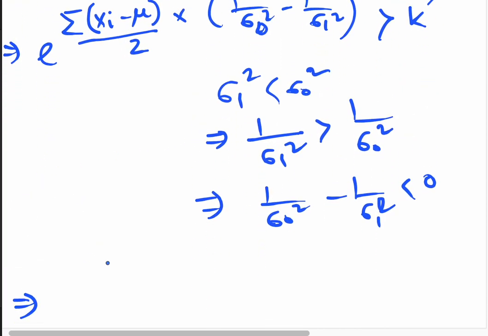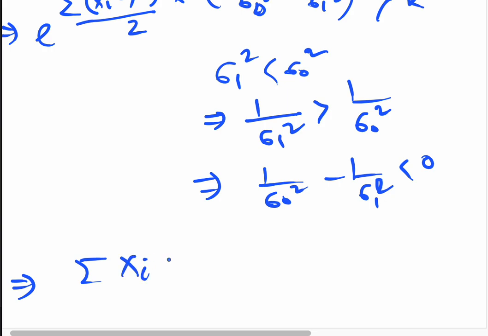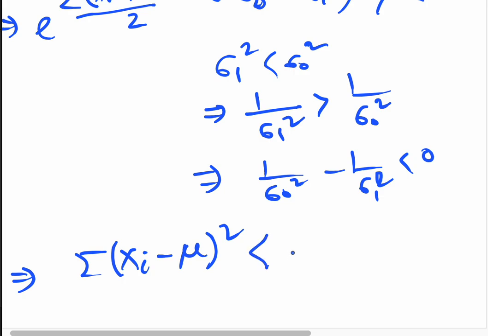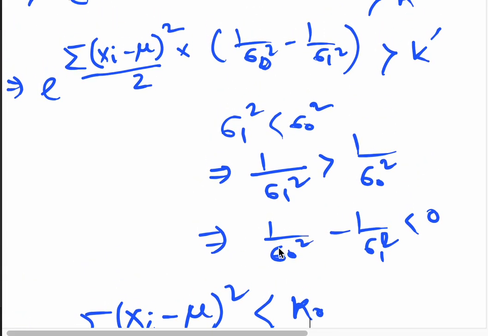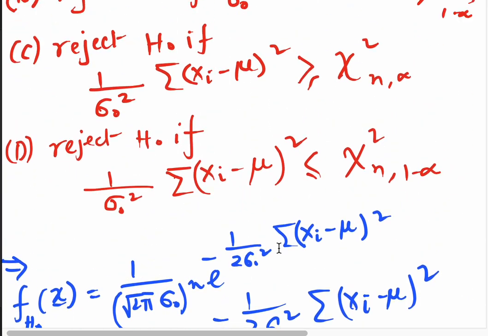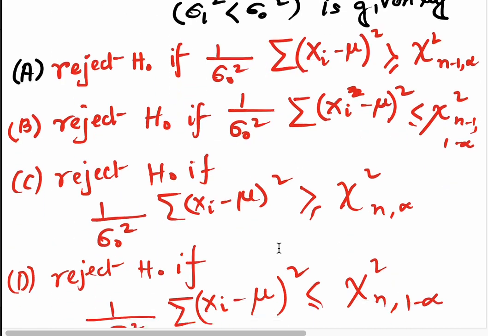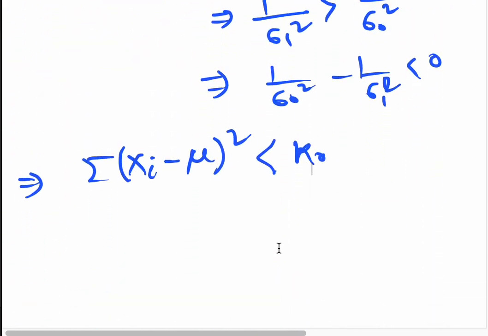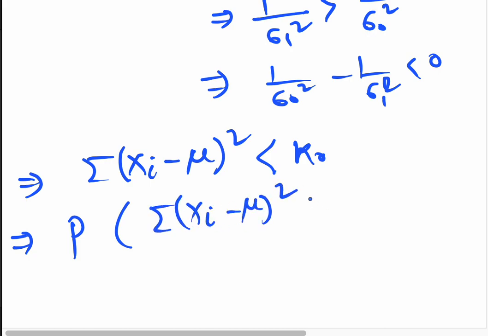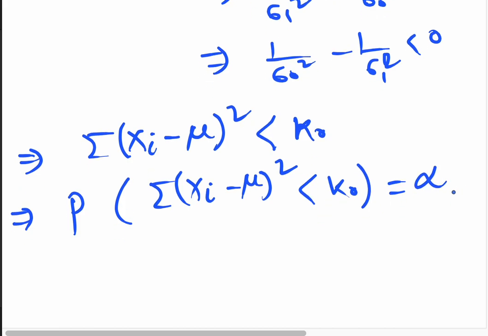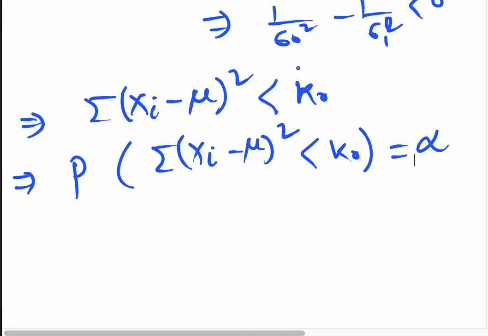So that means if summation of xi minus mu square is less than some constant, then we will reject the null hypothesis. Now suppose the probability that this summation of xi minus mu square is less than k0 is alpha. That is the size of the test.